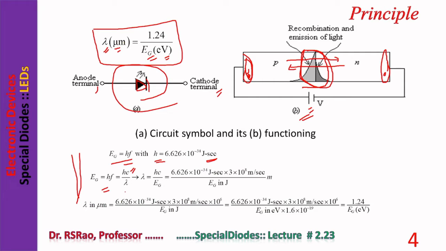Frequency is speed by wavelength. Therefore, wavelength lambda is hc by Eg. Substitution and simplification leads us to get lambda in micrometers is equal to 1.24 by Eg in electron volts.